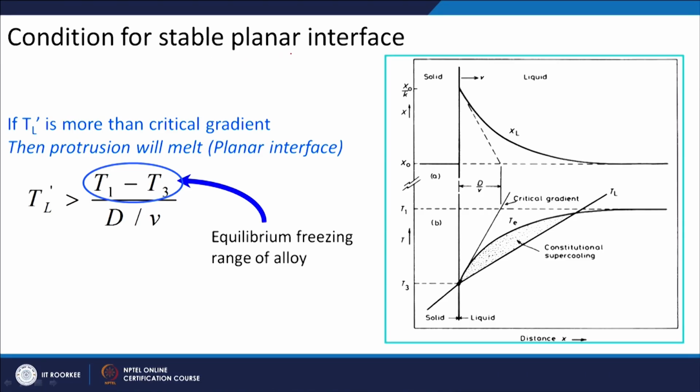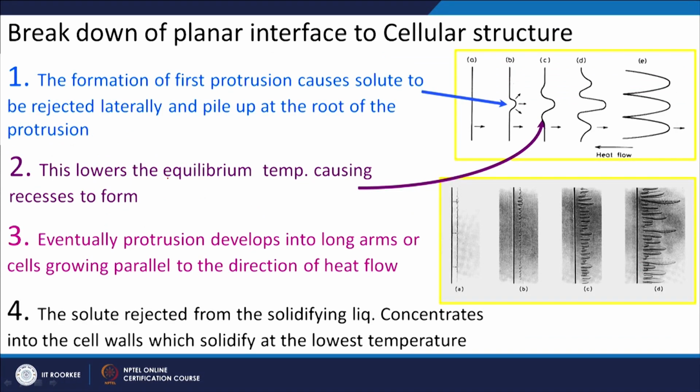This is what we call the condition for the stable planar interface, that my temperature gradient should be more than the critical gradient. If it is lower than that, then I will have a breakdown in the planar interface.